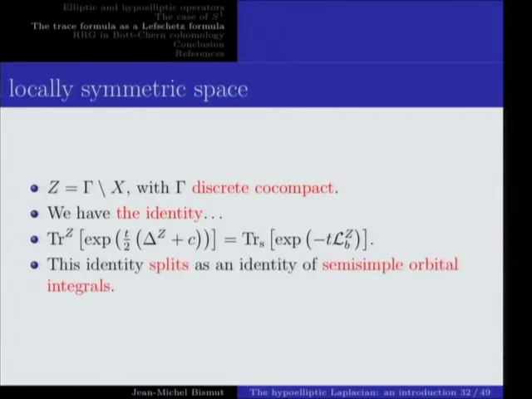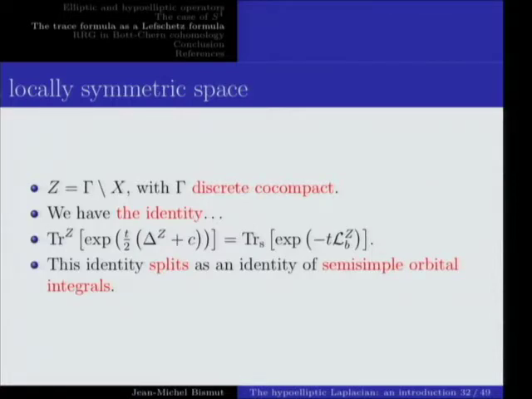But actually, when you have a locally symmetric space, you can express the trace of the heat kernel as a sum over the conjugacy classes of the pi1 of the heat kernel on the universal cover. This is just the original Poisson-like formula.